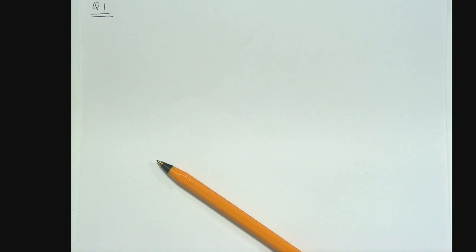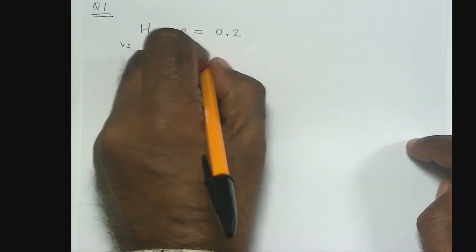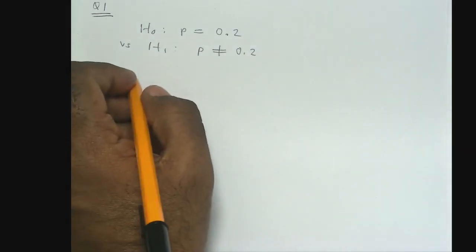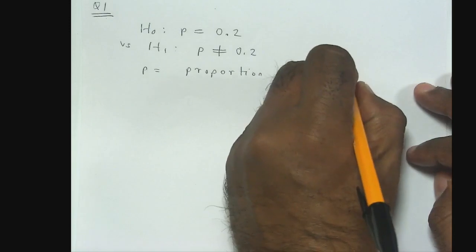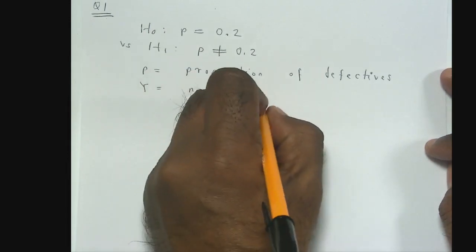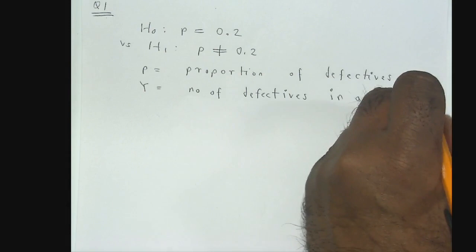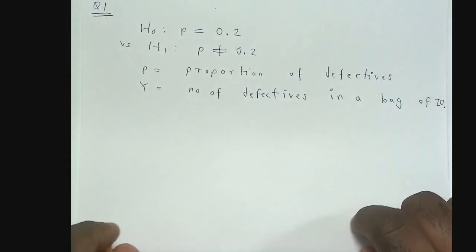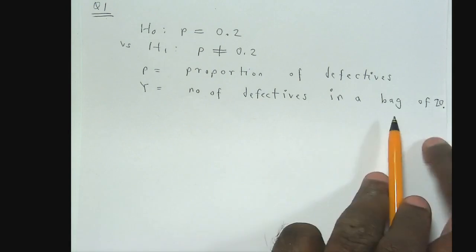So let me show you guys how to do this. Right, you're trying to test this versus this, and p is the proportion of defectives, and Y denotes the number of defectives in a bag of 20.